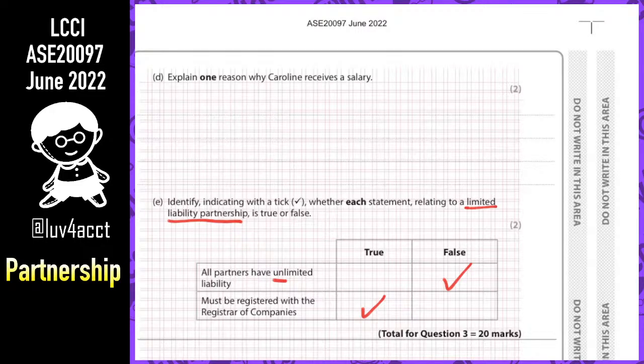Explain one reason why Caroline received her salary. That is partnership salary. Why? For every item in the partnership agreement regarding distribution of profit, that is a reason. For salary, it is usually to compensate for the time and the effort in managing the business.